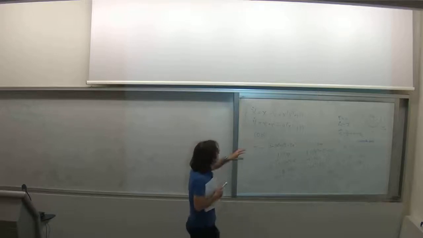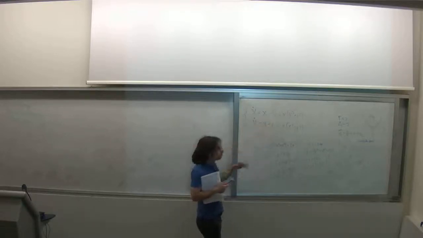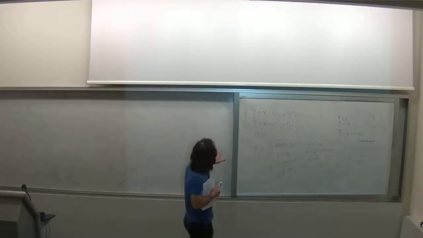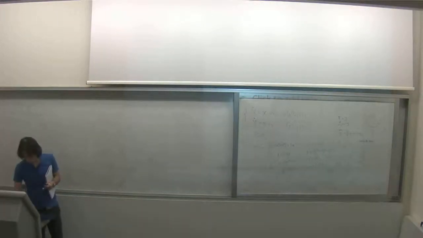We can try to find the null lines, but it might be hard. And then I go to a numerical simulation in order to show you what happens here outside the region of the fixed point.